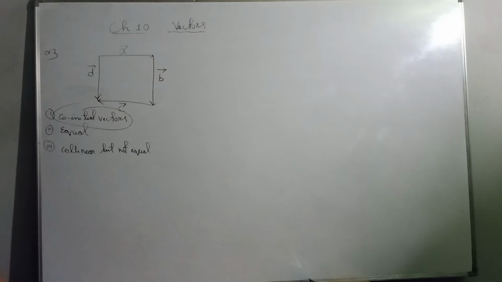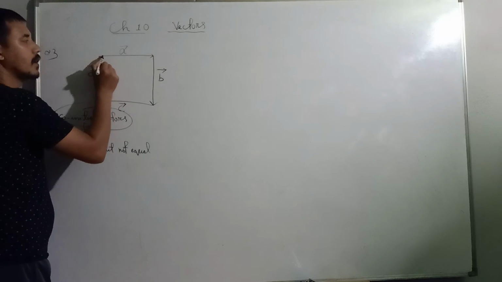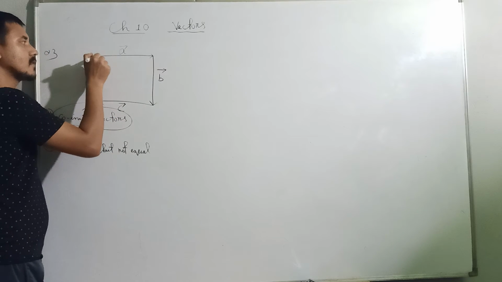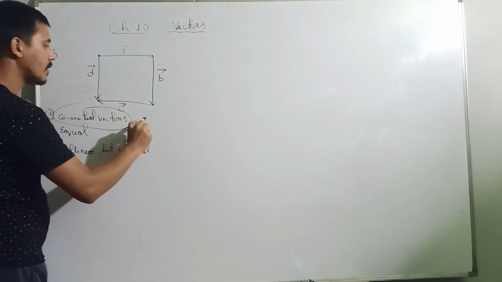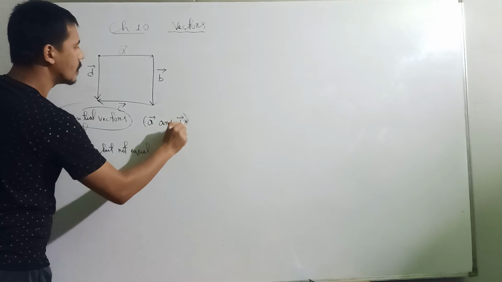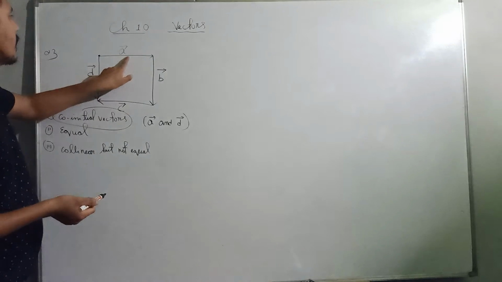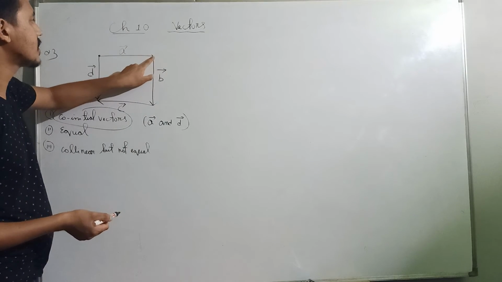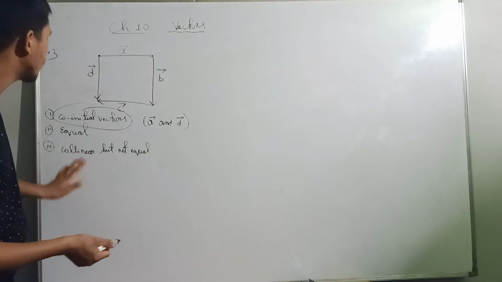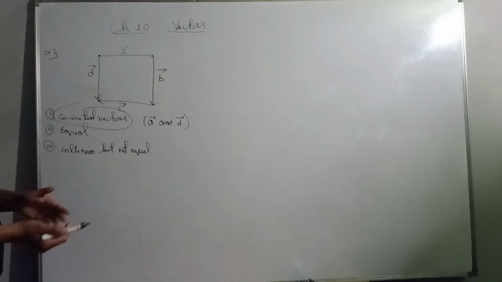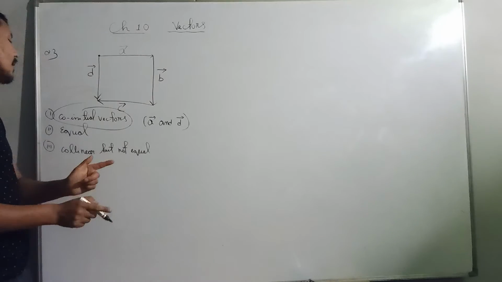So can you say which of them are co-initial vectors? Can you see any two vectors having the same initial point? Vector A has this initial point, vector D also has this initial point, so vector A and vector D are co-initial. Here A and B are not co-initial because one is terminating and one is initial. Equal vectors: two vectors are said to be equal if they have the same magnitude and the same direction.